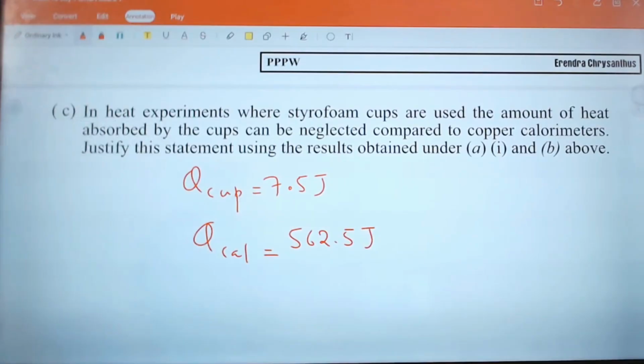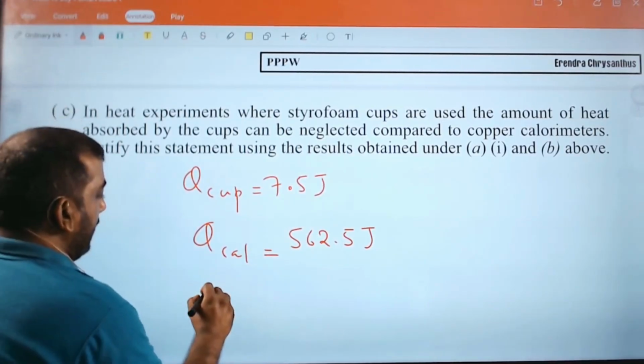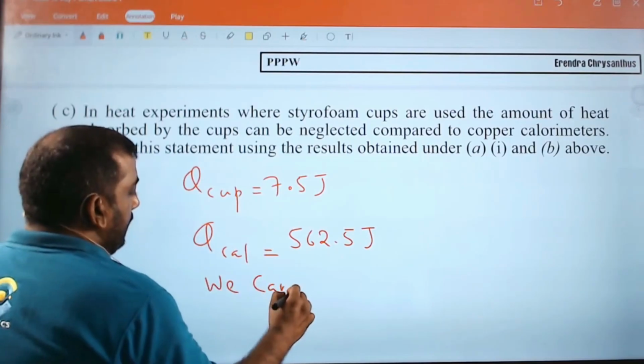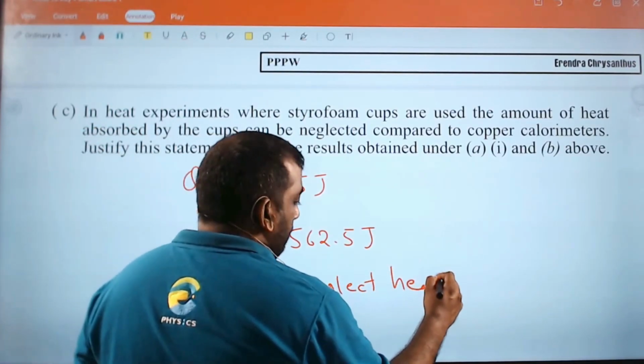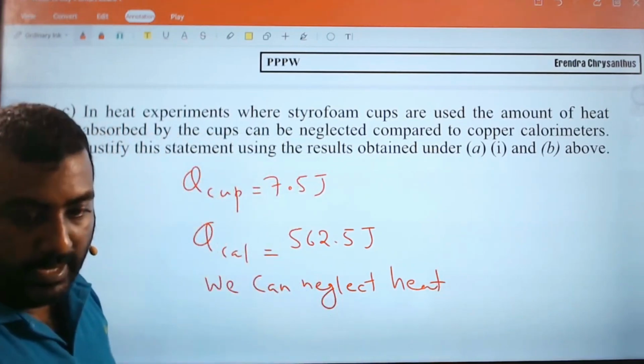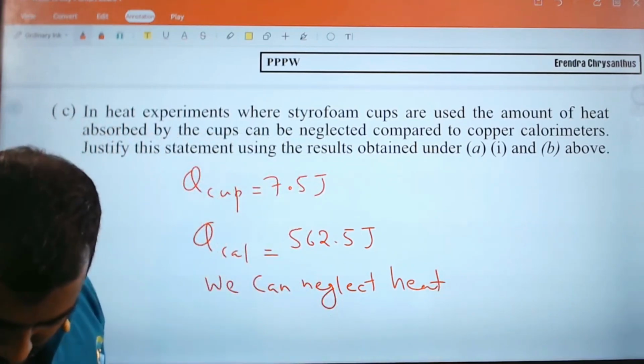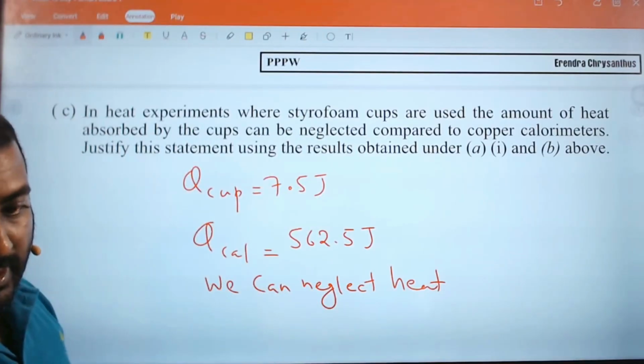Which is bigger, which is smaller? We can compare it. One is 562.5, so we can neglect heat absorbed by the cup.